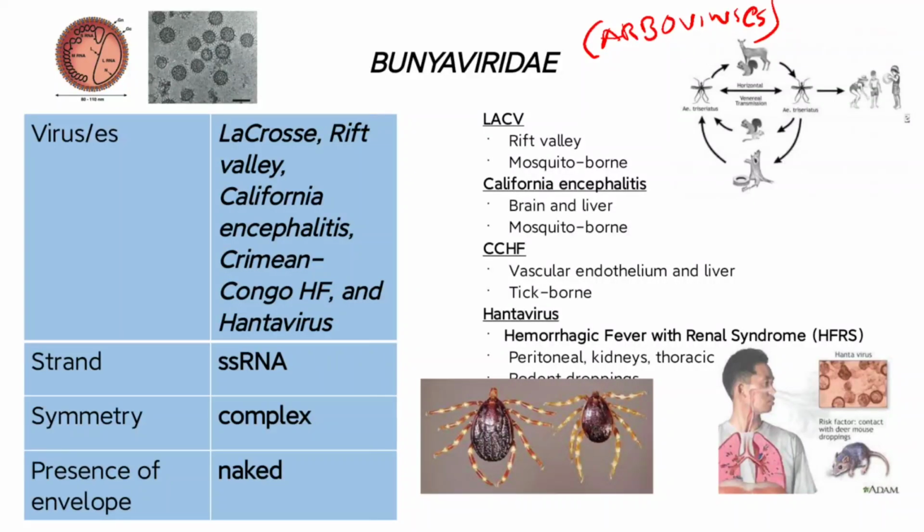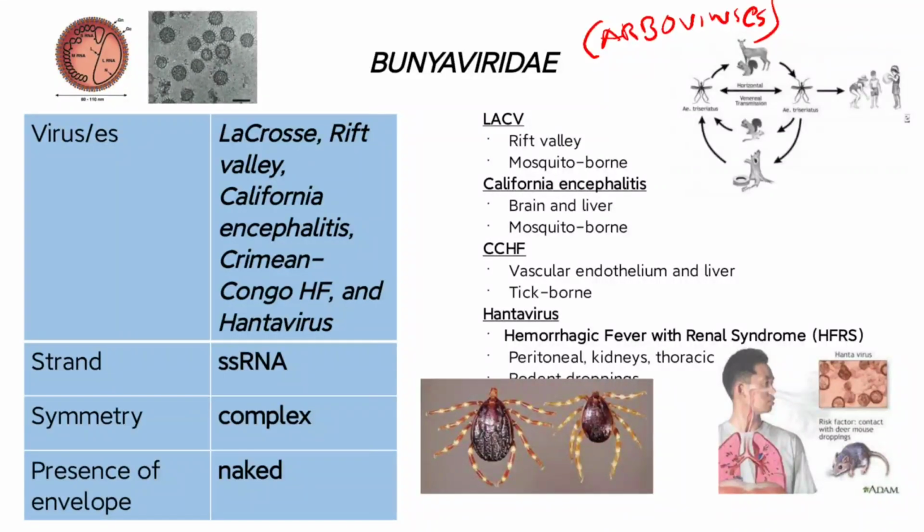The CCHF, yung Crimean-Congo hemorrhagic fever. Then, we have also the hantavirus. So, dito, among all of these, 4 lang discuss natin ngayon. Okay? So, LACV or yung La Crosse virus, ito rin yung tinatawag na Rift Valley virus. So, mosquito-borne po ito.